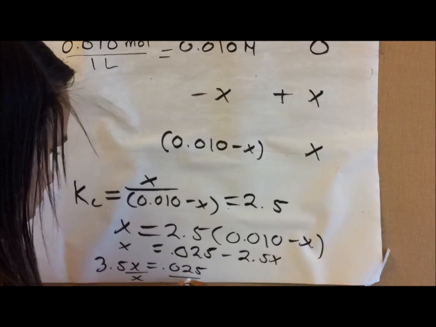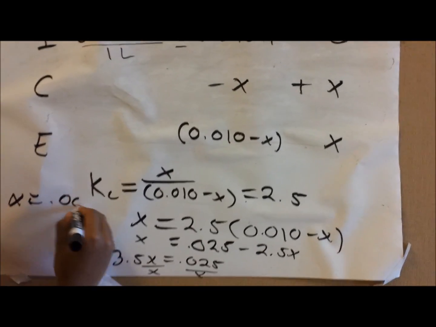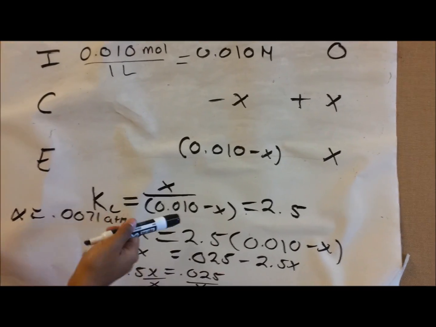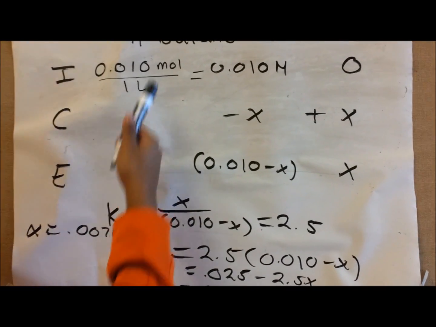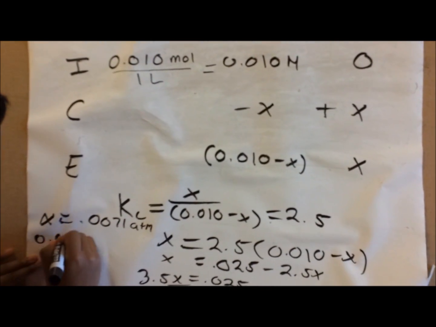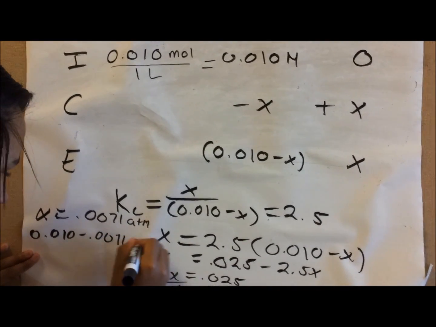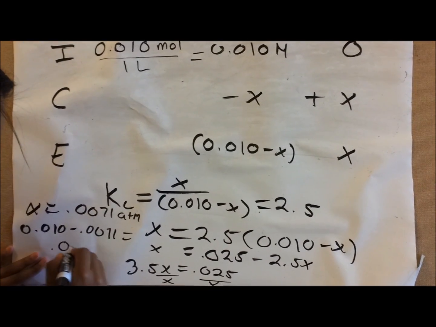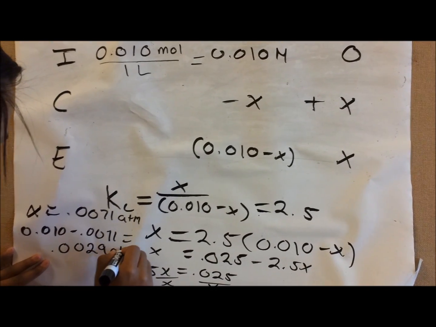Divide both sides, and you end up getting x equals 0.0071. And then to get the equilibrium concentration, this is the concentration of isobutane. To get the equilibrium concentration of N-butane, you just plug this number back in, and you get 0.010 minus 0.0071, and you end up getting 0.0029 for the concentration.